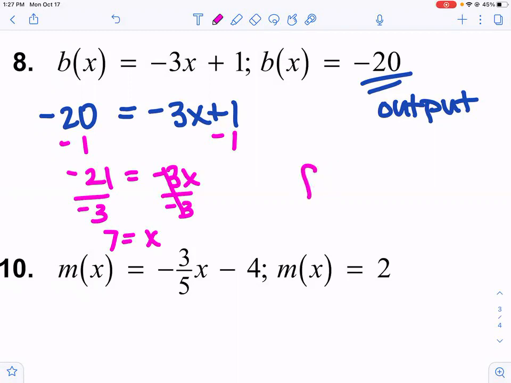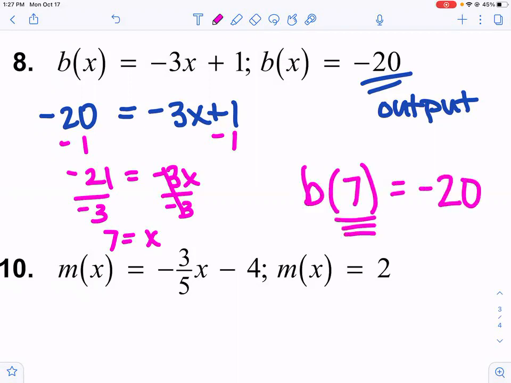This is definitely b. b of 7 gives us an output of negative 20. That's what we solved for. Okay, so my answer is x equals 7. This is what it means. You try number 9.